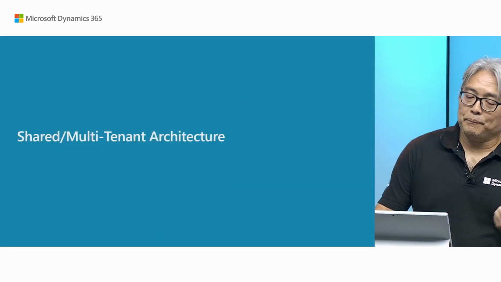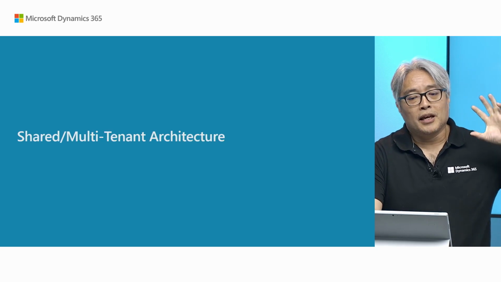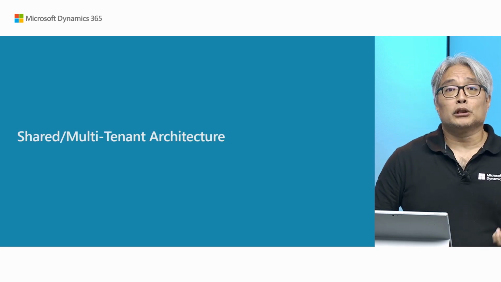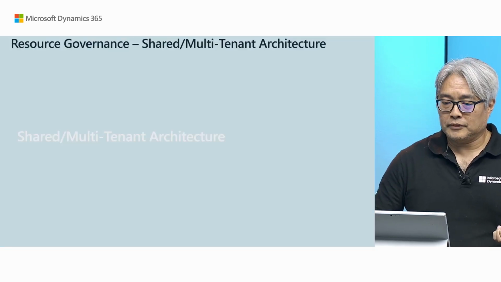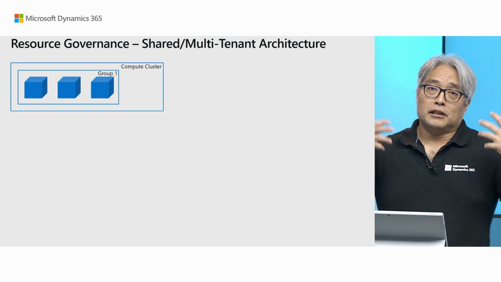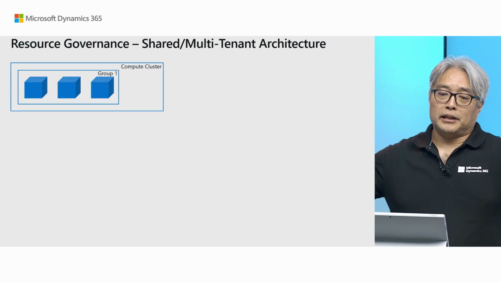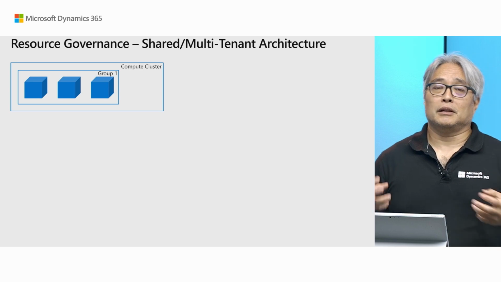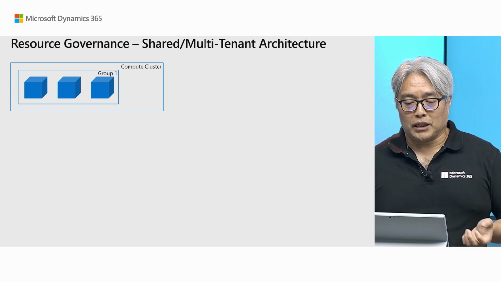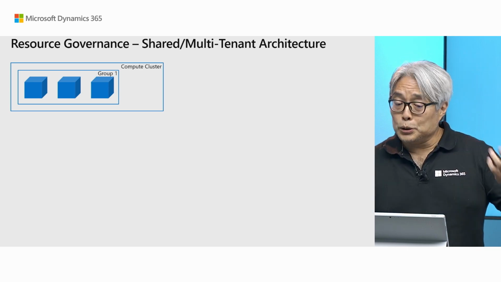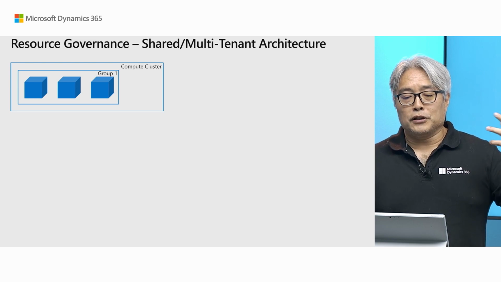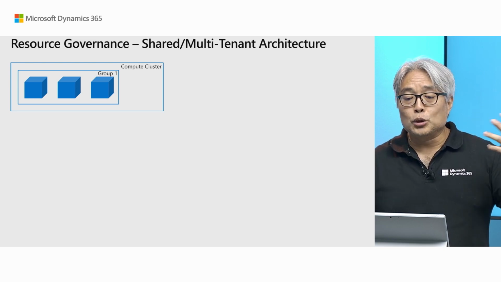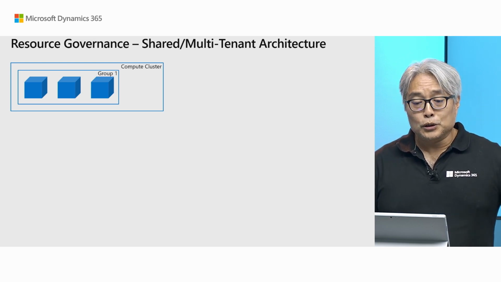Let me show a quick illustration of what a shared multi-tenant architecture is. We start with the compute layer. Imagine a compute cluster where each cluster has many virtual machines or hosts, and those hosts can be grouped into different host groups.